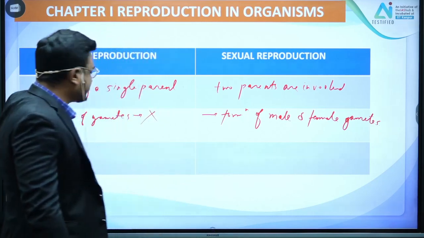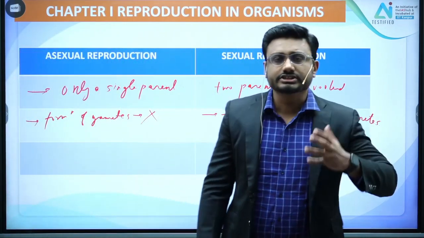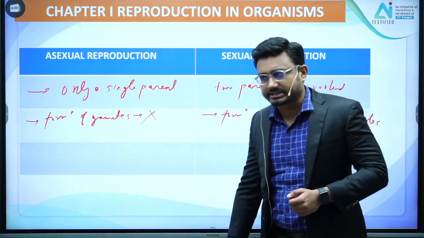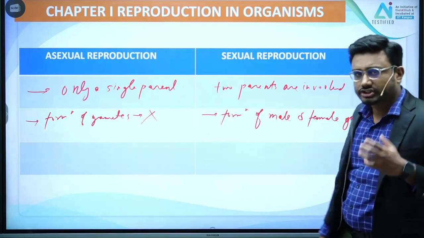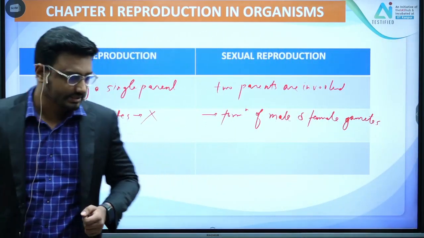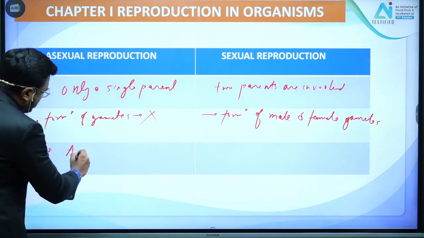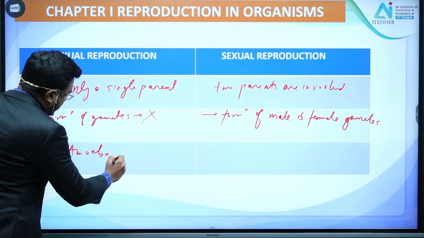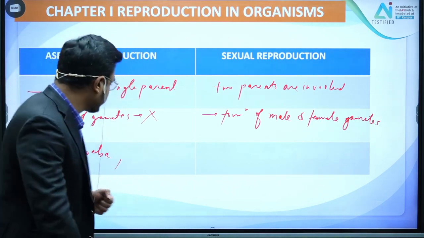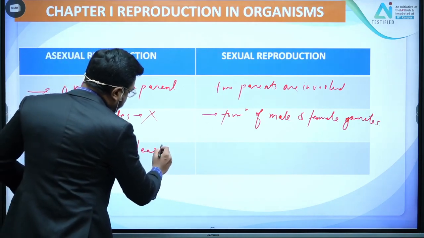As there is no formation of gametes in asexual reproduction, no fusion of gametes takes place, whereas in sexual reproduction, there is fusion of the male and female gametes. Asexual reproduction happens in amoeba, which reproduce by binary fission, and budding happens in yeast.